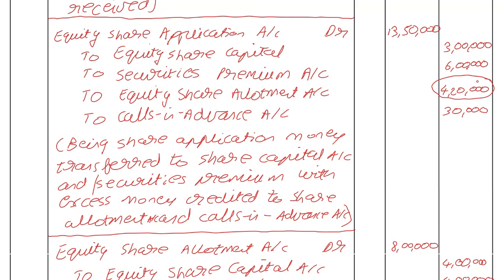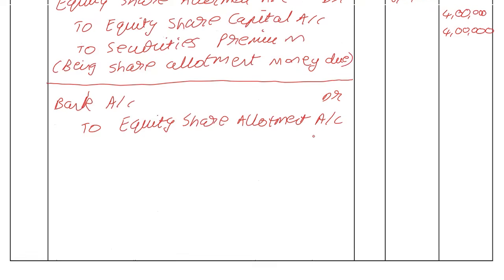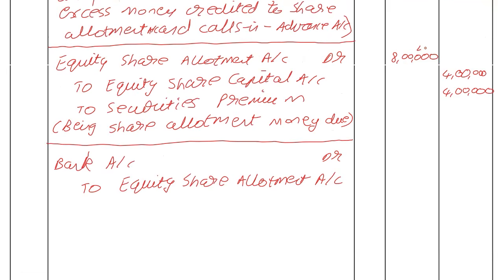Now, if we've already got this, obviously we won't take that much money. So out of 8 lakhs, 4,20,000 is already paid. So how much is left? 3,80,000. Simply put 3,80,000 over here and 3,80,000 over here. End of story. Being allotment money received. Short and sweet.